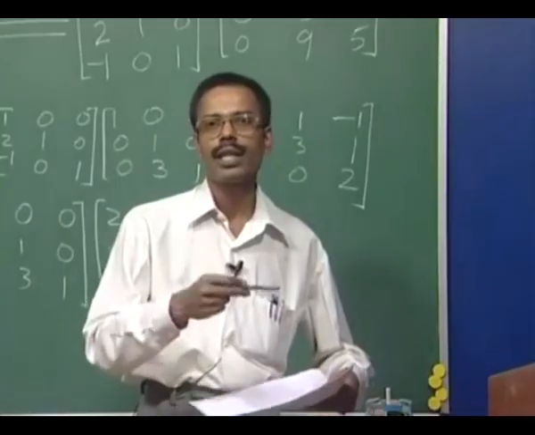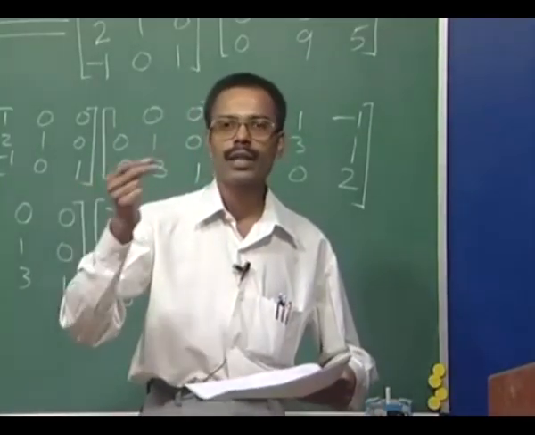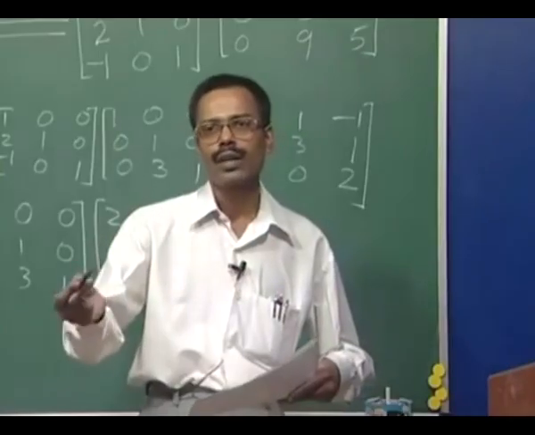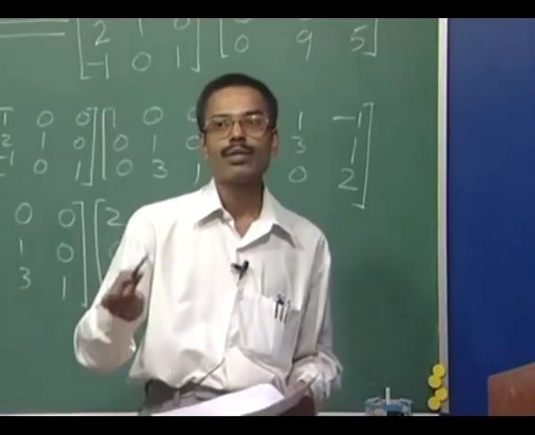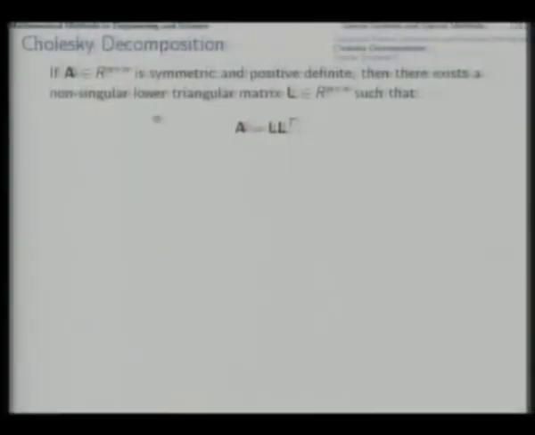We say that we want an LU decomposition in which the U factor and L factor are transposes of each other, and that you can talk of when the matrix A is symmetric, because LL transpose will always give a symmetric matrix. So, if the matrix A is symmetric, then you can ask for an LU decomposition in which L is lower triangular and the upper triangular factor U is its exact transpose.